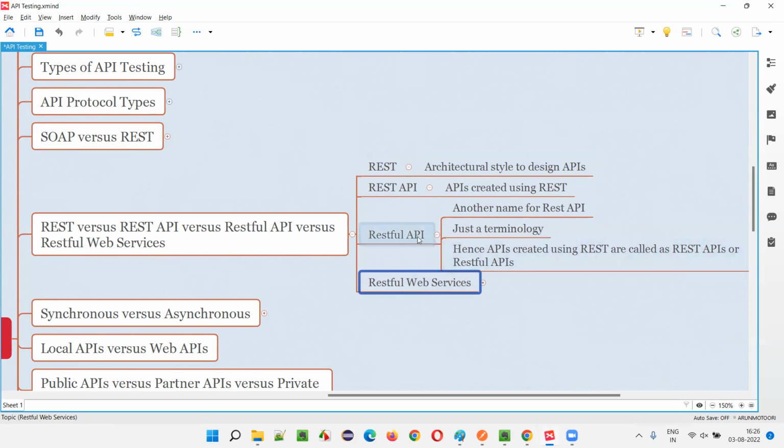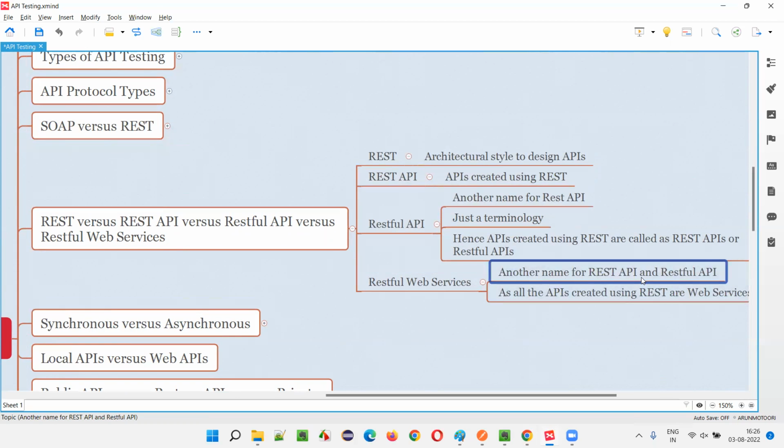You can call it either an API or a web service, both are the same because these APIs communicate over the internet. So another name for REST API and RESTful API is RESTful web service, guys. You see there are many names, right? Just different names for the same thing.